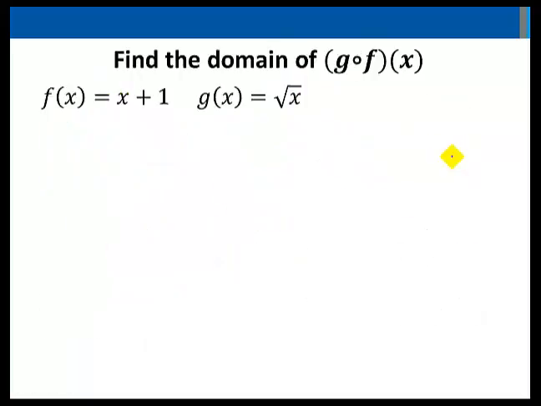Let's find the domain of g composed with f of x, where f of x equals x plus 1 and g of x equals square root of x. We'll start by finding the domain of our inner function f. Remember, g composed with f of x is the same as g of f of x. The domain of f of x here is all real numbers.